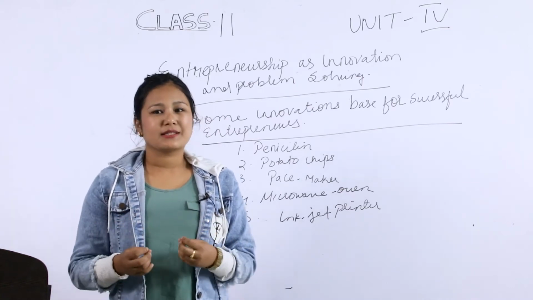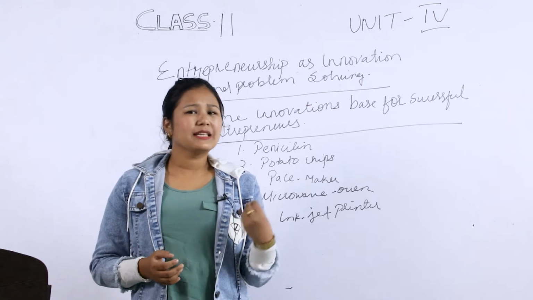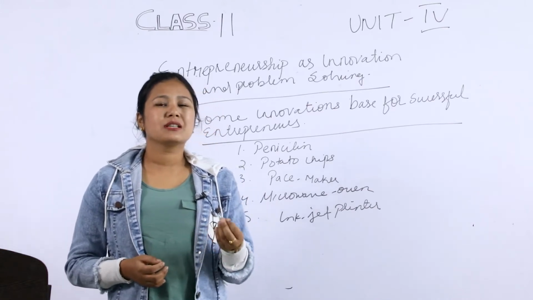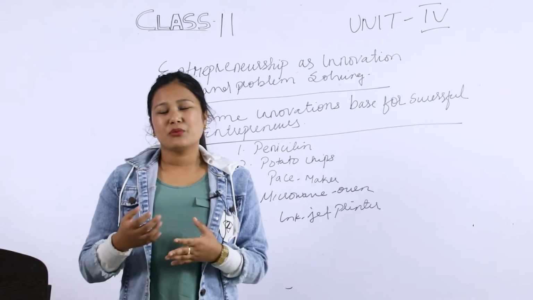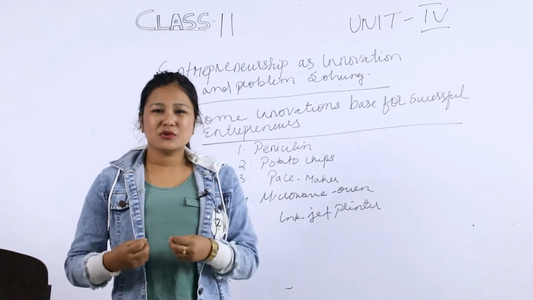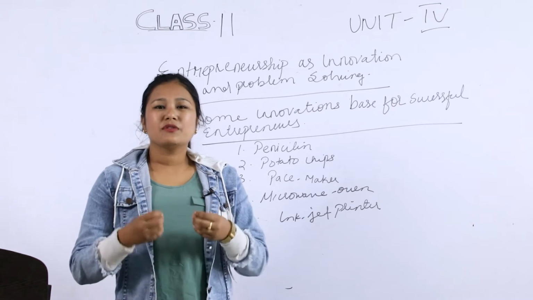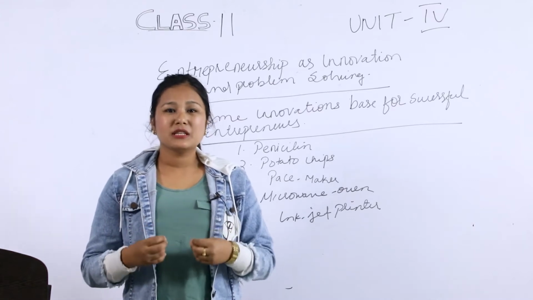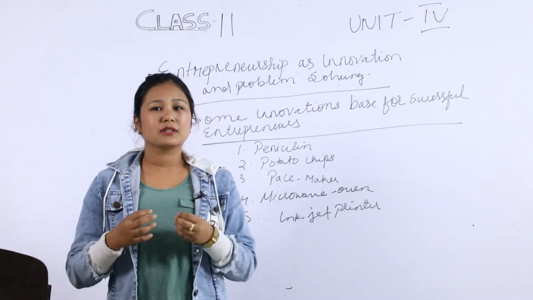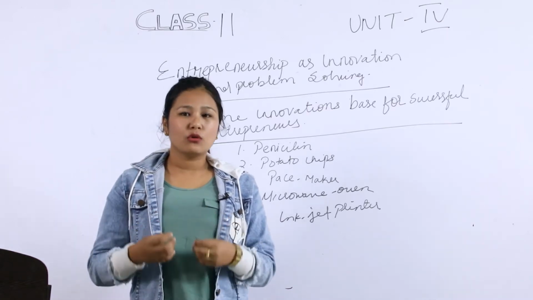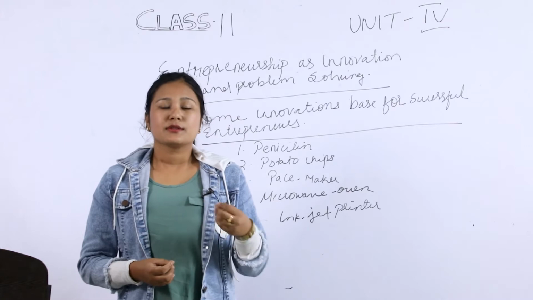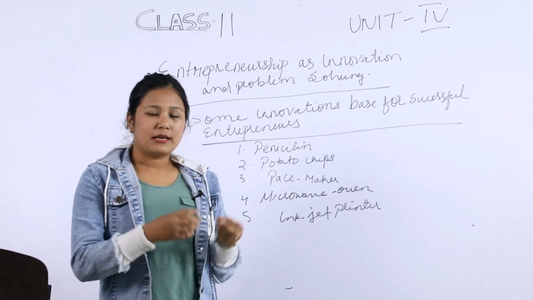Let me just cite an example. Decades ago, people used to use typewriters to type. But when they made any mistake in the middle of typing, they had to go and retype the whole page again. So that was a problem with typewriters.